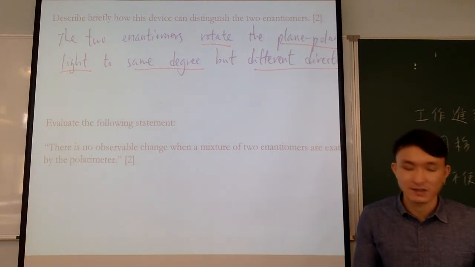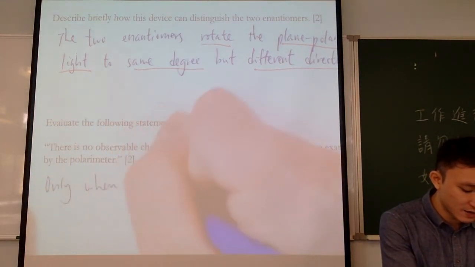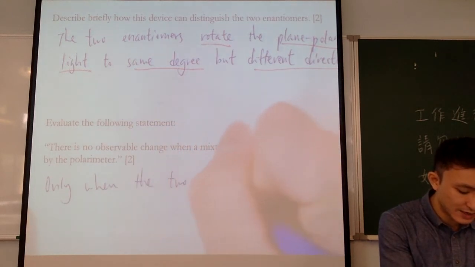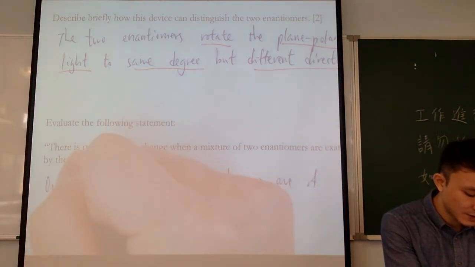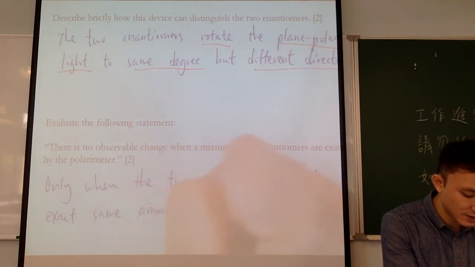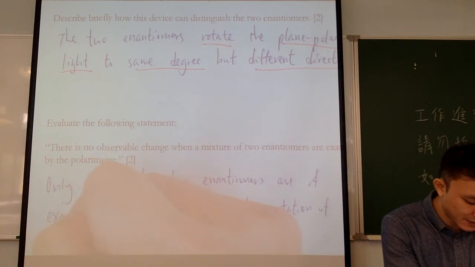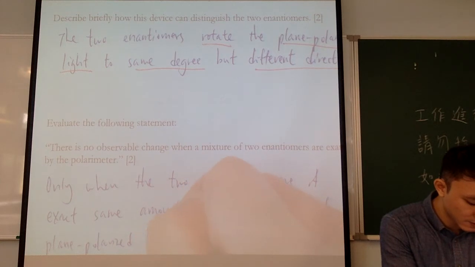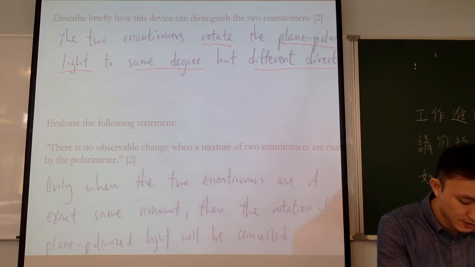So when you have to evaluate this statement, you may have to say that, okay, only when the 2 enantiomers are of exactly the same amount, then the rotation of plane polarized light will be cancelled out completely.